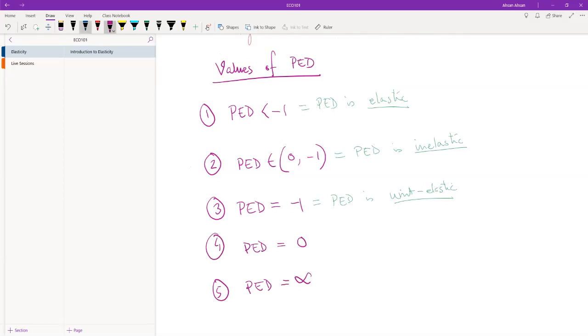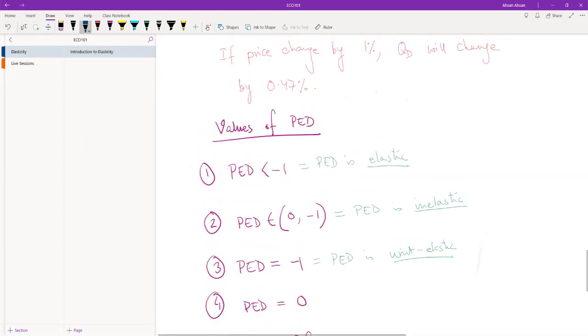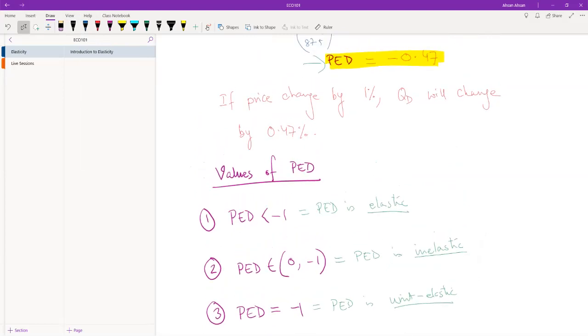Okay. To explain this, I'm actually going to draw diagrams. It's easy to understand with a diagram. In fact, I'm going to draw diagrams for all of these. So if PED is elastic, we have a case such as this.